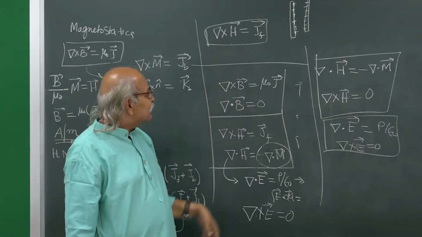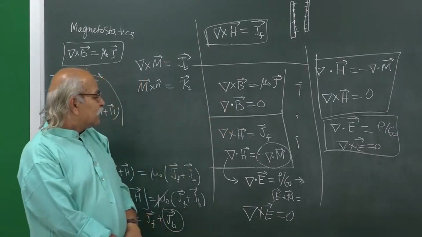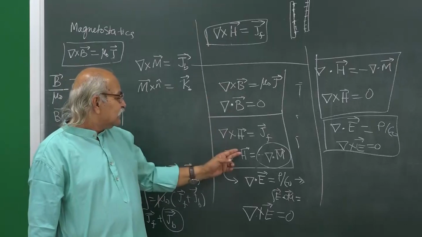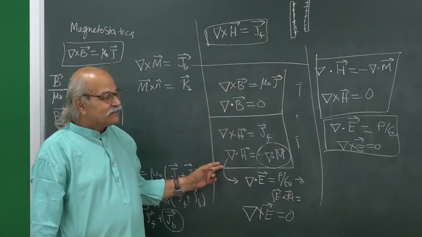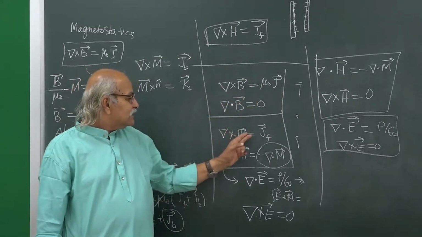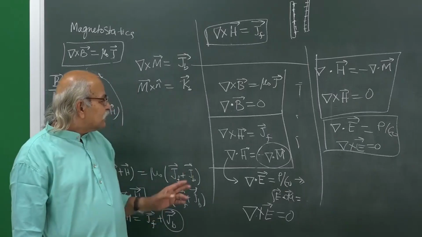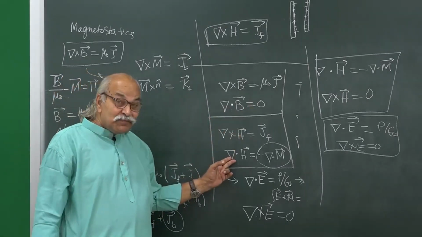And then we went for this divergence part and we found that okay, although the curl equation is similar, the divergence equation is different. Curl of B is mu naught J, curl of H is J_F, that is fine, but then divergence of B is 0. Here divergence of H need not be 0.